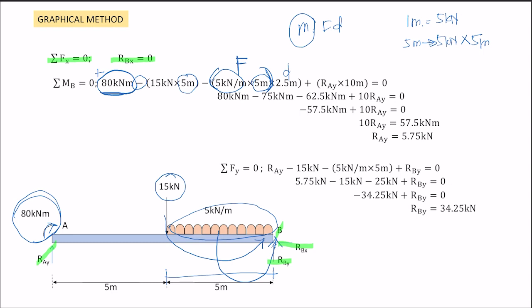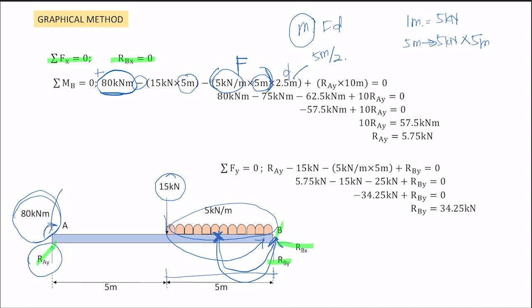Where do I get 2.5? As usual, I mentioned the UDL before. It must be from the center. So the center is 5 meter divided by 2, and you get 2.5. Don't forget that we have RAY.